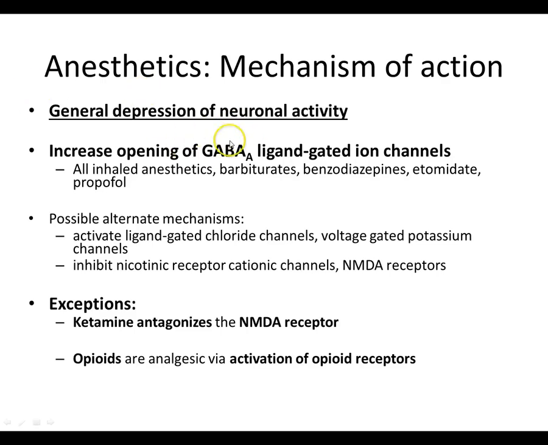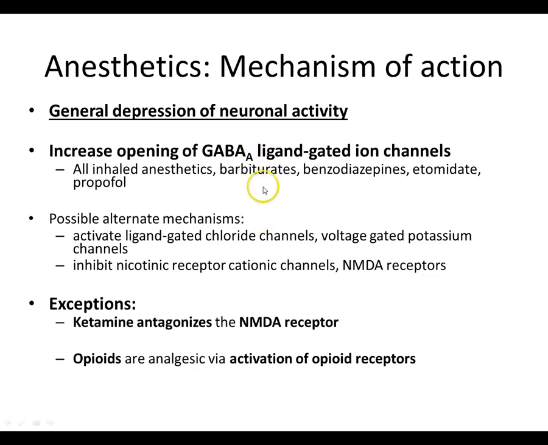These receptors are very widely expressed, so most neurons are going to express GABA A channels, which are ligand-gated ion channel receptors. And so drugs that enhance GABA opening will inhibit neuronal firing. All of the inhaled anesthetics and several of the IV drugs, including the barbiturates, benzodiazepines, Etomidate, and Propofol, all have this GABA A channel mechanism.